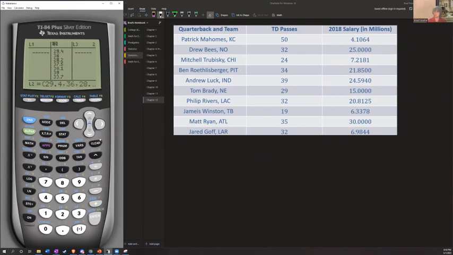So the question is, do I believe that the TD passes are likely to affect the salary or vice versa? I believe that somebody that throws more touchdown passes would get paid more. So that means that this is going to be my X. This is going to be the first one I enter. So 50, 32, 24, 34, 39, 29, 32, 19, 35, 32.